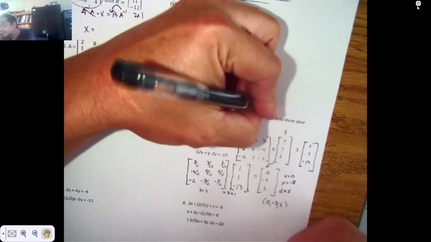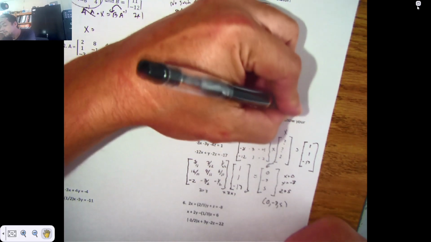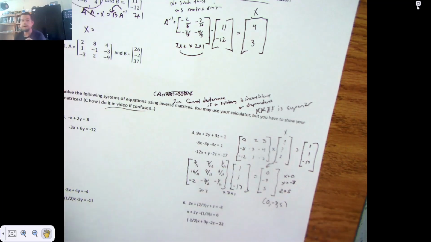RREF is superior to this technique because RREF can solve dependent systems and it can tell you if a system is inconsistent. Reduced row echelon form is the superior way to solve matrices.